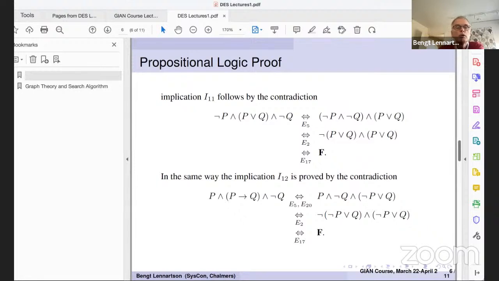Now I will show you also 2 implications that were in the list of implications in the table. It says that not P and P or Q implies Q. If you look at this, it sounds reasonable, but let's prove that.